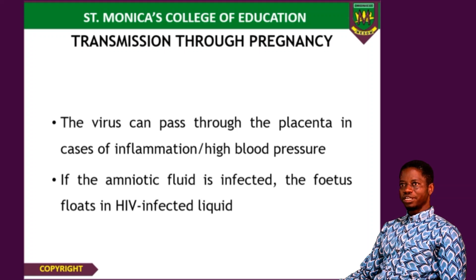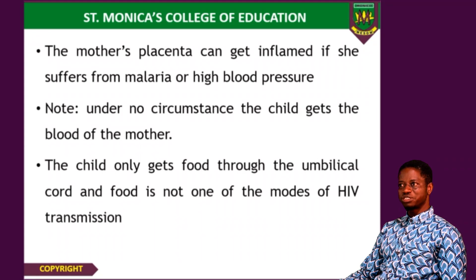Now, through pregnancy, how does it occur? The virus can pass through the placenta in cases of inflammation or high blood pressure. So before a pregnant woman can pass on the virus to the newborn baby, it means that particular woman is suffering from high blood pressure, or has a malaria parasite in the blood. When you have malaria parasite, automatically your pressure will go high.